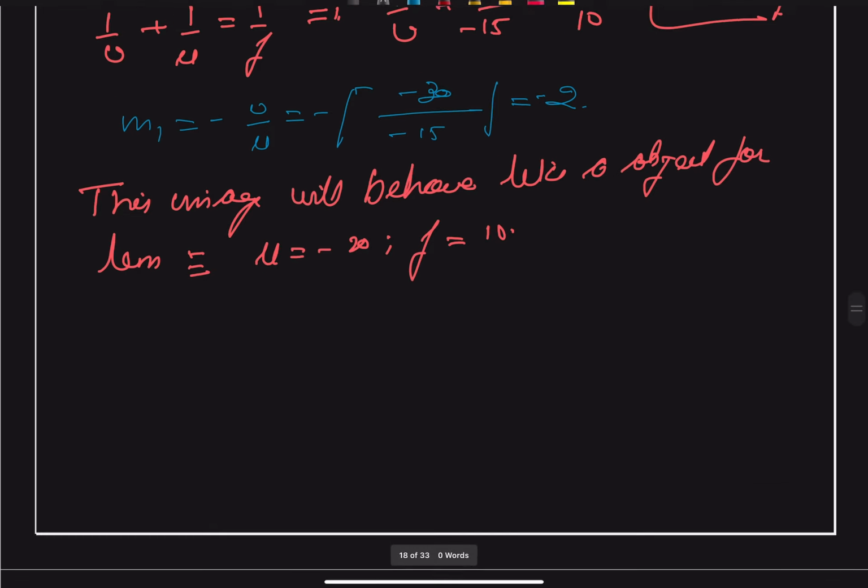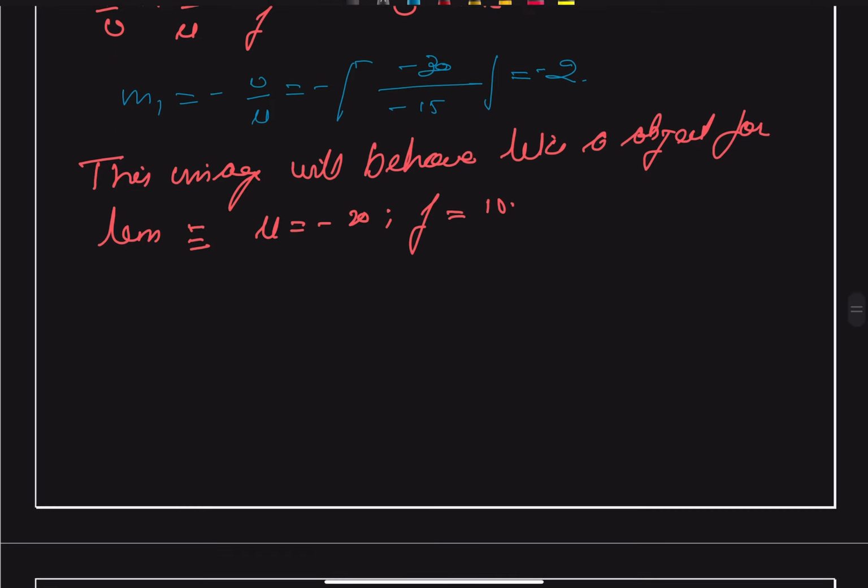Therefore, we can write that 1 upon v minus 1 upon u is equal to 1 upon f. We substitute the values. 1 upon v minus of minus 20 is equal to 1 upon 10. So this gives us that v is equal to 20.